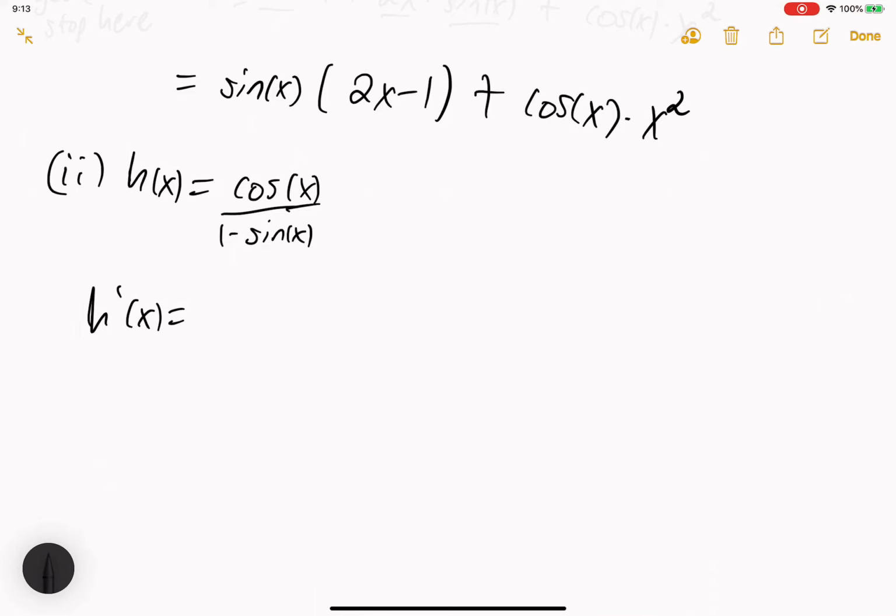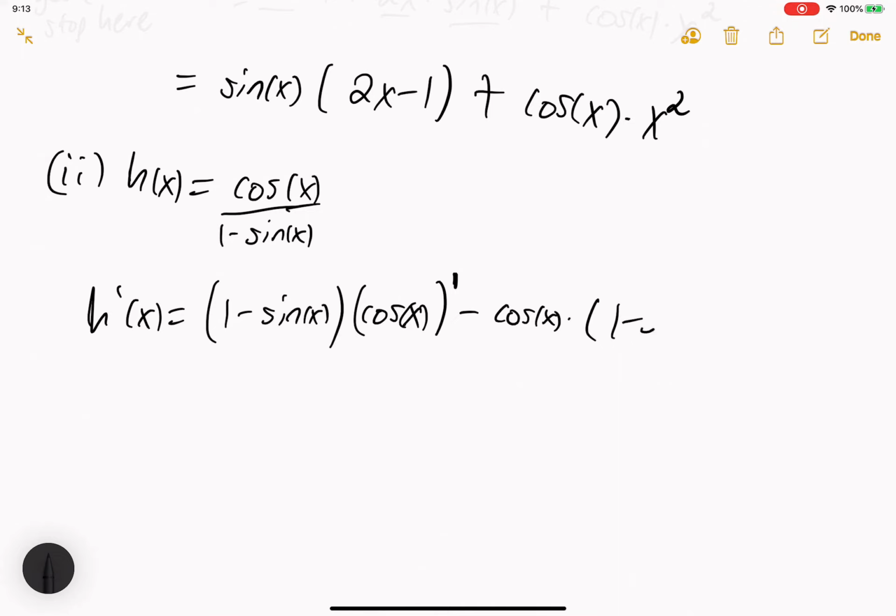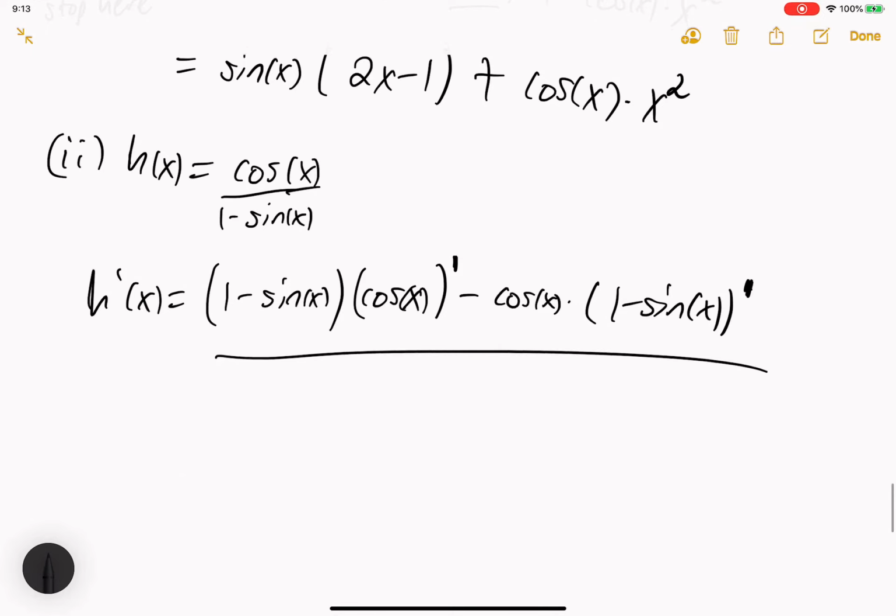So it's going to be low, d high, so the derivative of cosine of x. I'll write the prime notation now. Minus high, so cosine of x, d low, so the derivative of 1 minus sine of x, all over low squared.